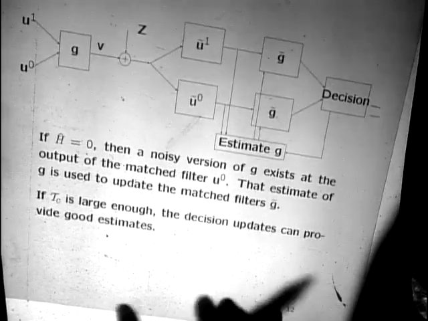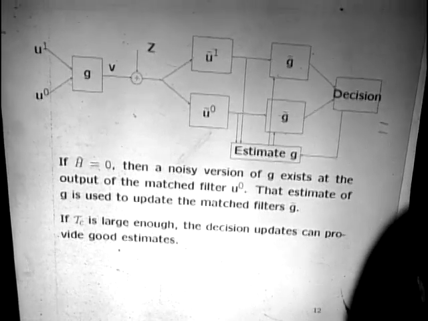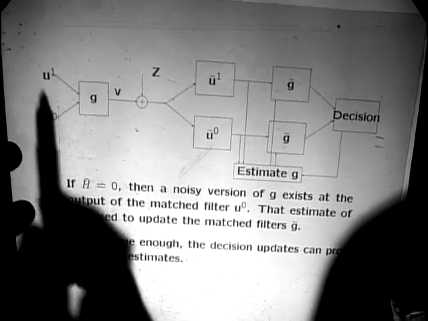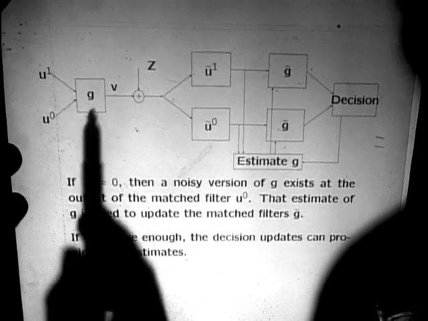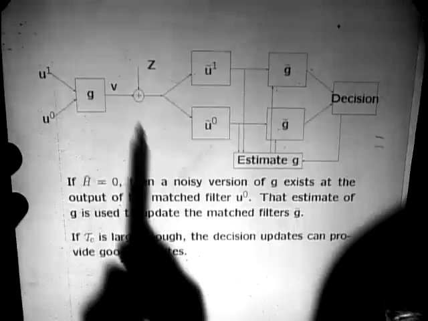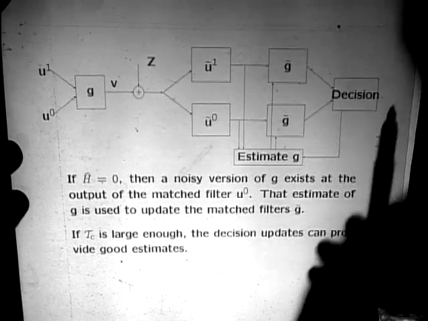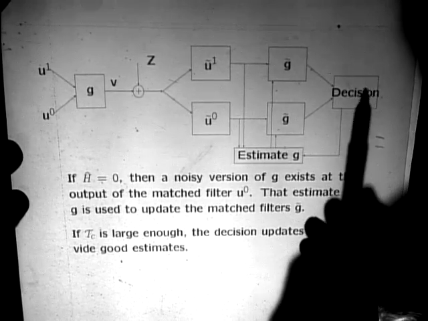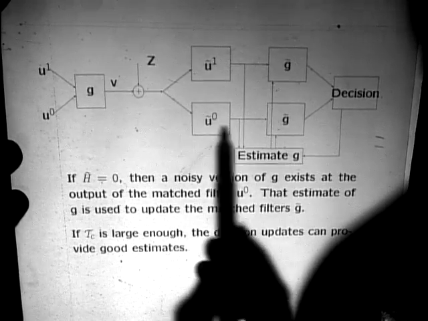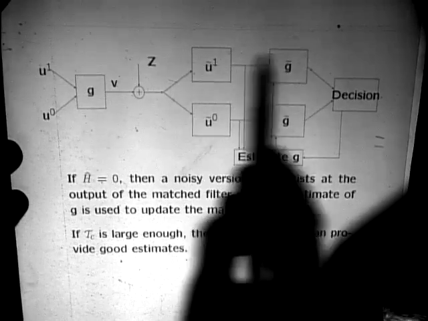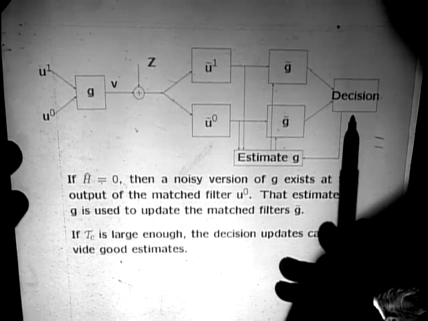So finally, we have the rake receiver, which does both of these things at once. You either send U0 or U1. You go through this filter, and you add white noise. As far as making a decision is concerned, you do what we talked about before: you compare this output with this output to make a decision.